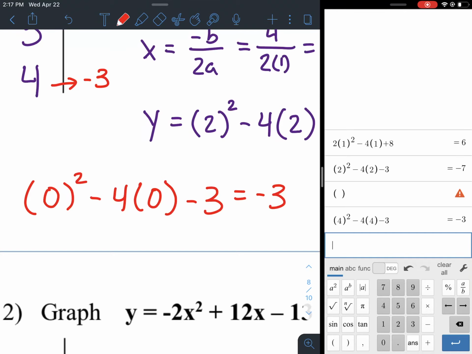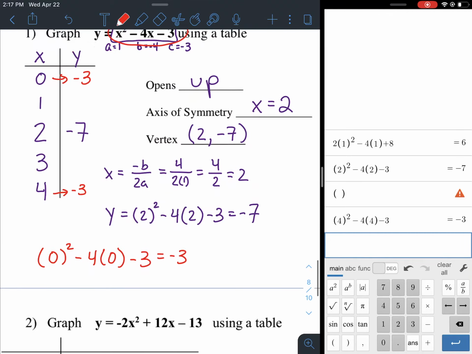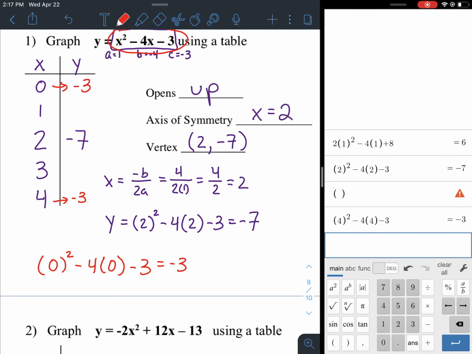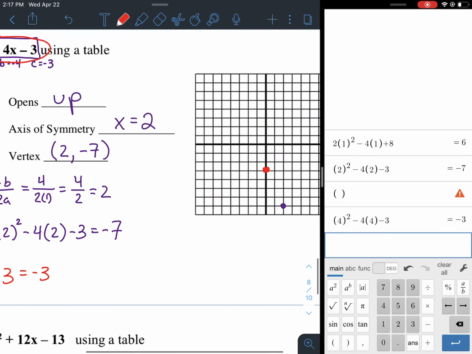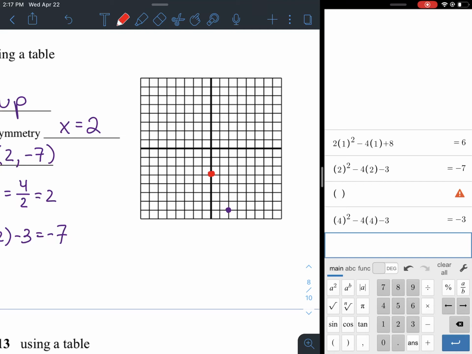This is a really nice shortcut that you can use based on the concept of symmetry. If I know the number on the left, I can transfer it over to the right. So 4, negative 3 is also on the graph. 1, 2, 3, 4, negative 3. 1, 2, 3. Okay, so we have those.